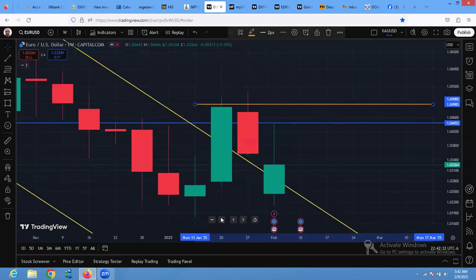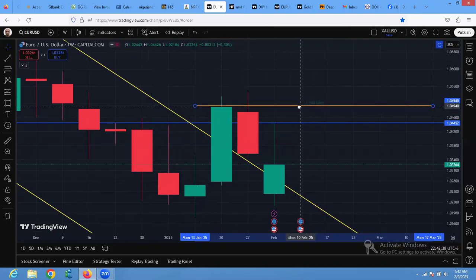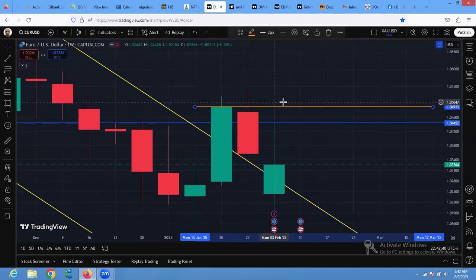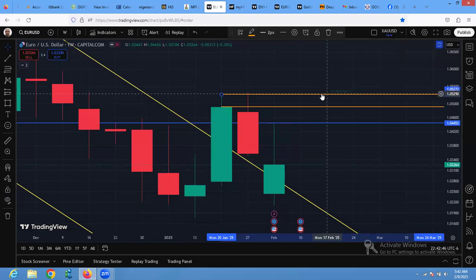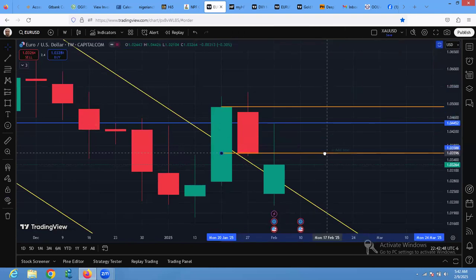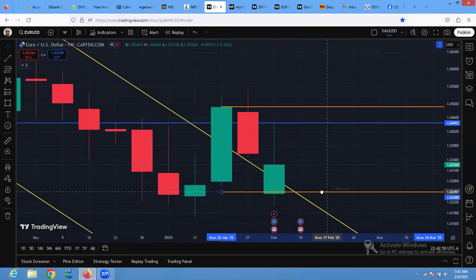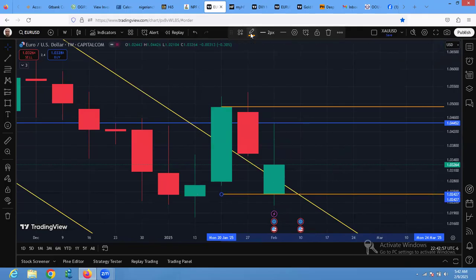On the weekly time frame, the price had given us this boundary on the weekly time frame. And these are the boundaries that the price had set for us on the weekly time frame. If I may use green, just like I did.